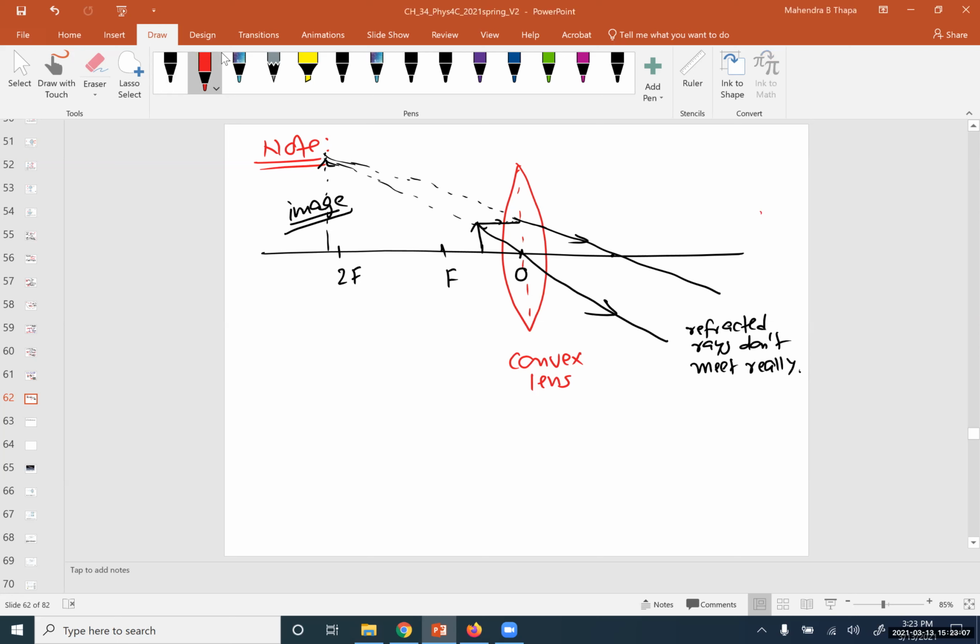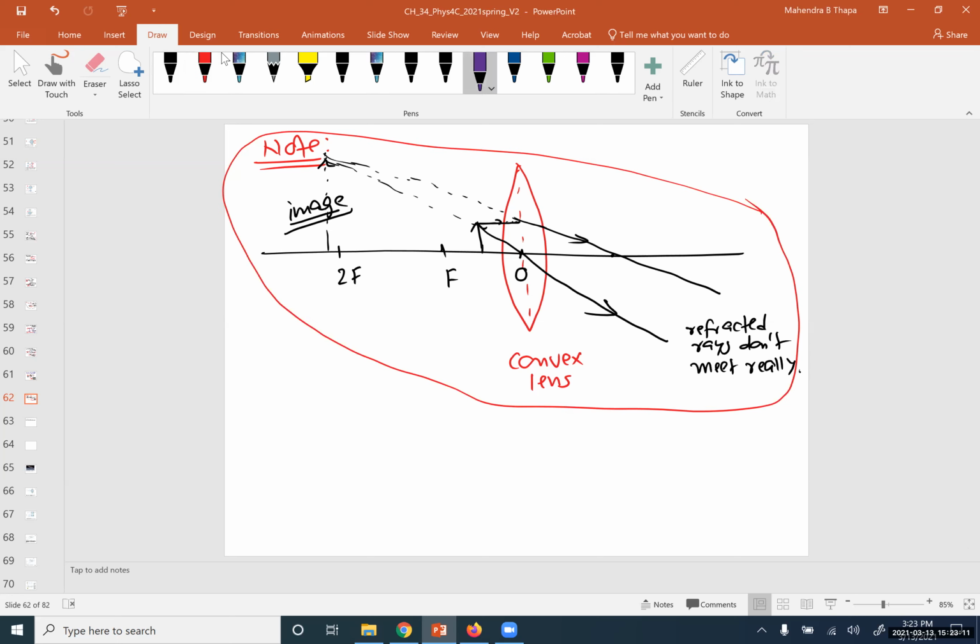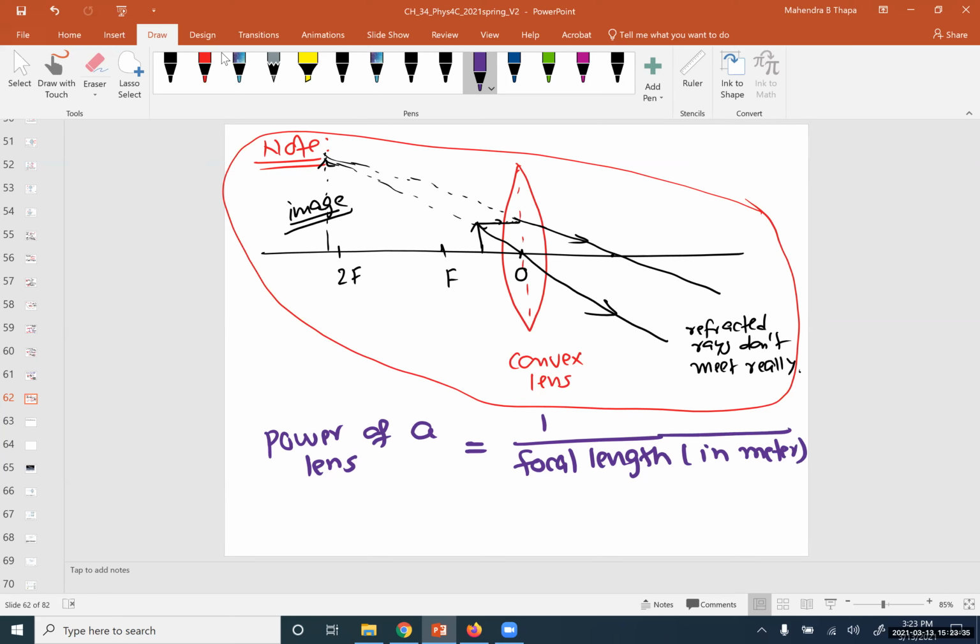This is just for the purpose of notes we have done before. Let's define the power of a lens. The power of a lens is equal to 1 over the focal length, but the focal length should be in meters.